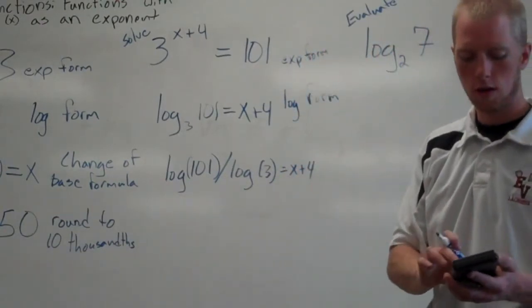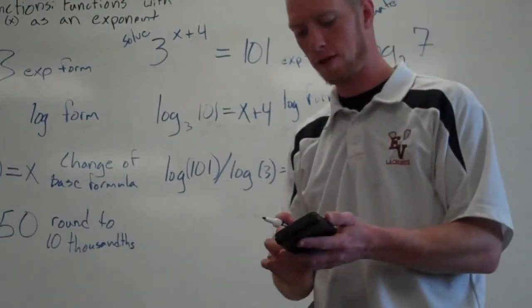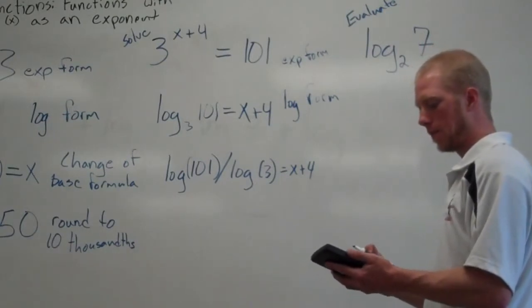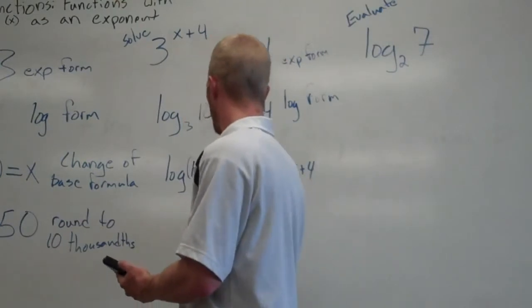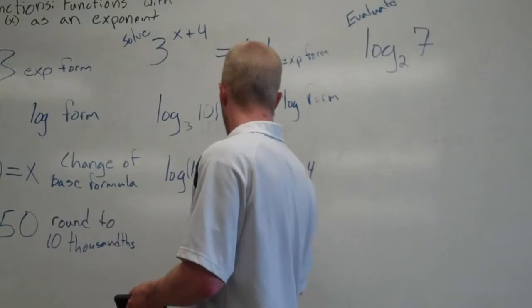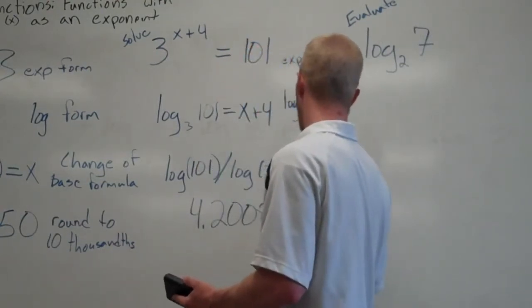Type that into your calculator, being careful to remember both the parentheses and the division sign in the middle. And you end up with 4.2008 equals x plus 4.